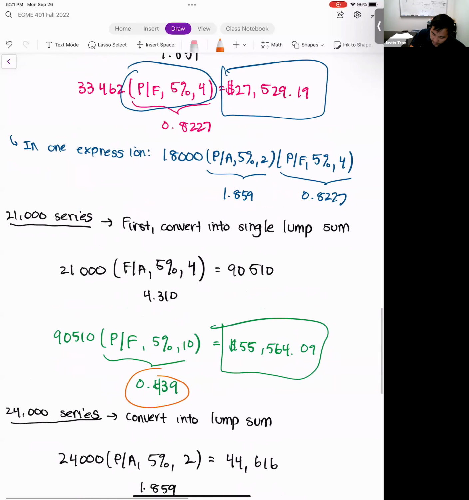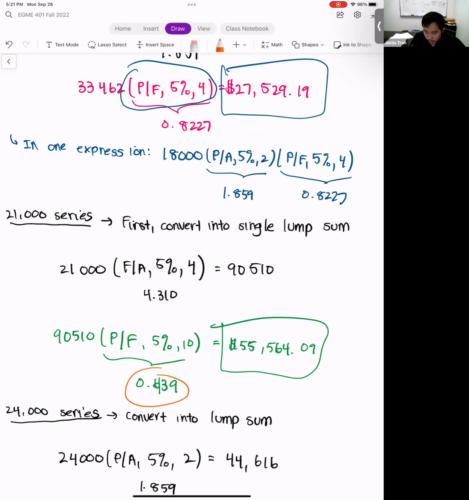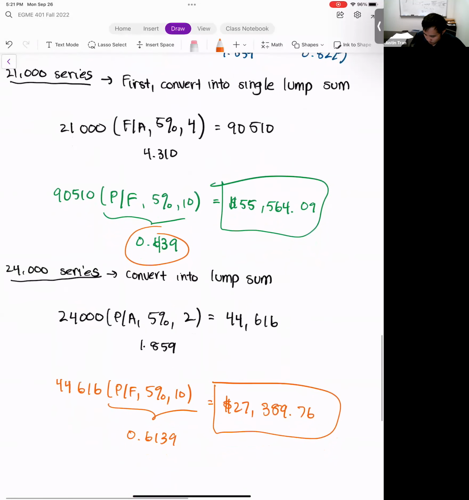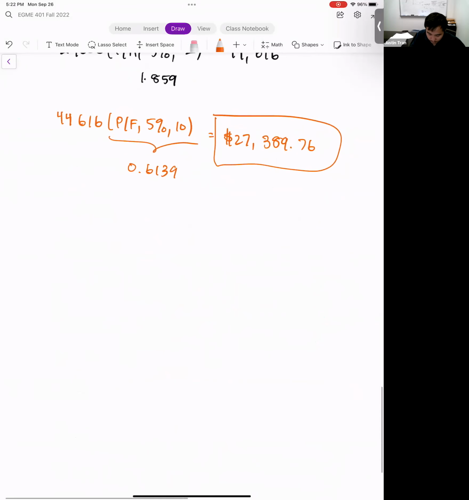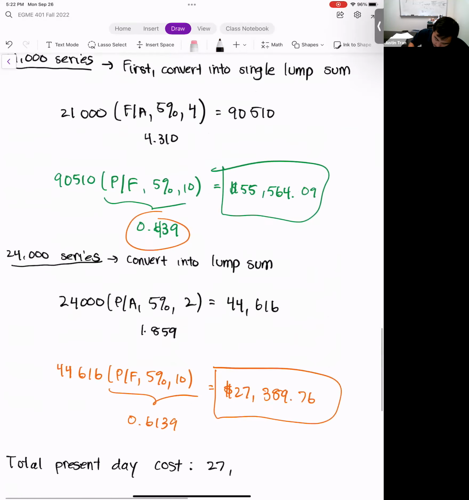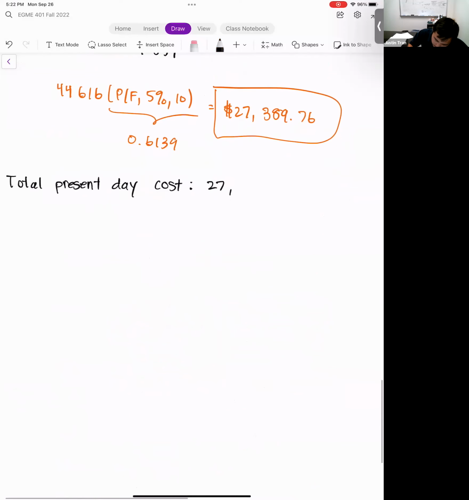All right, so now what we can do is add all these together. We have 27,529, 55,564, and 27,389. I'm going to add all those three up. So total present day cost. We have 27,529.9, that's from the first series from years 4 and 5.